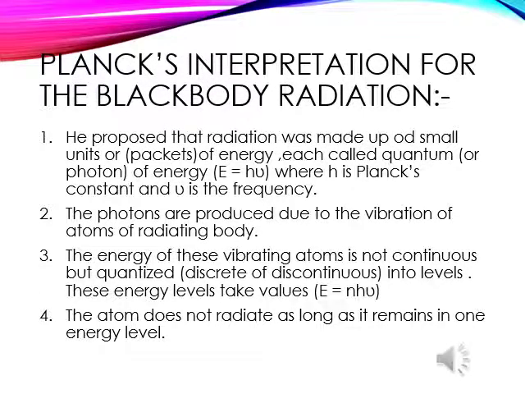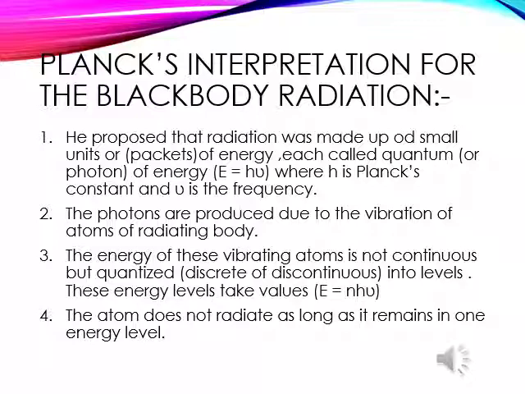Planck's interpretation for the black body radiation. Number 1, he proposed that radiation was made up of small units or packets of energy, each called a quantum or photon of energy, where E equals h nu, where h is Planck's constant and nu is the frequency. Number 2, the photons are produced due to the vibration of atoms of the radiating body.